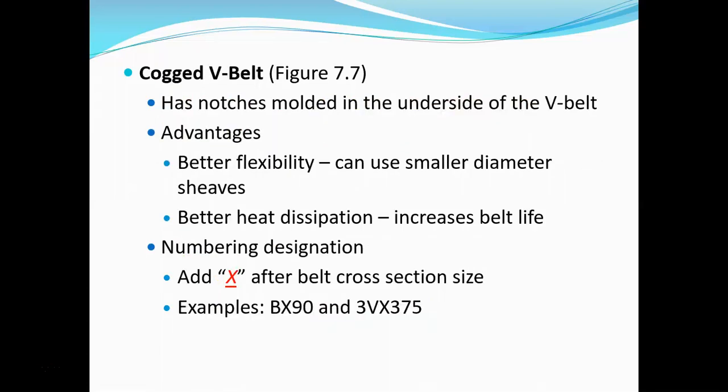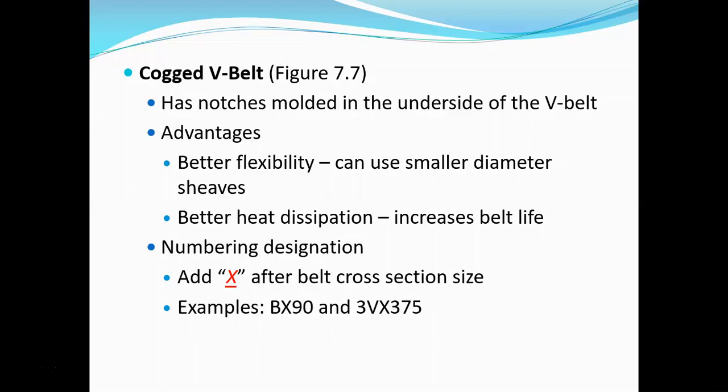So you have a cogged V belt. Cogged V belts have the same sizing as your standard or classical V belts and your narrow groove V belts. All the difference is they have notches cut out on the underside of the belt. I'll show you pictures of that in coming slides.